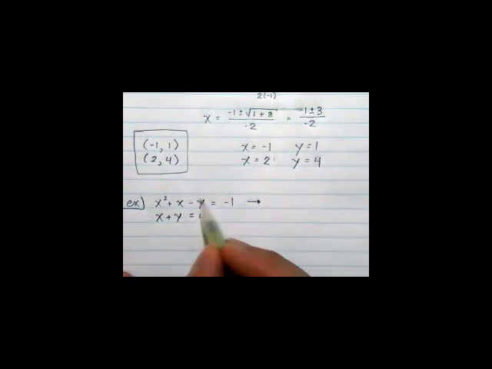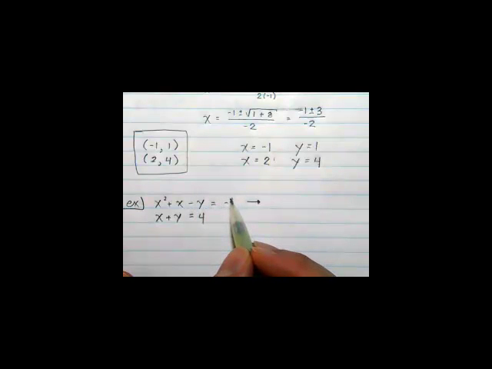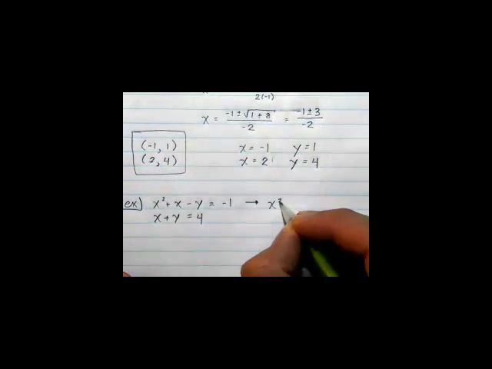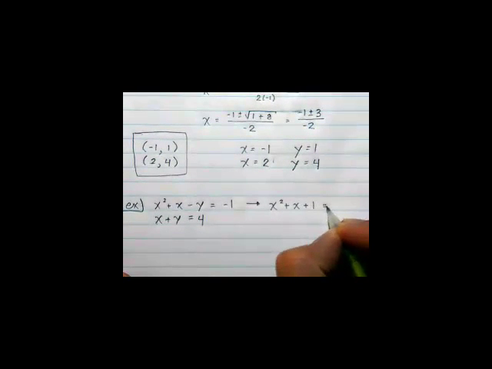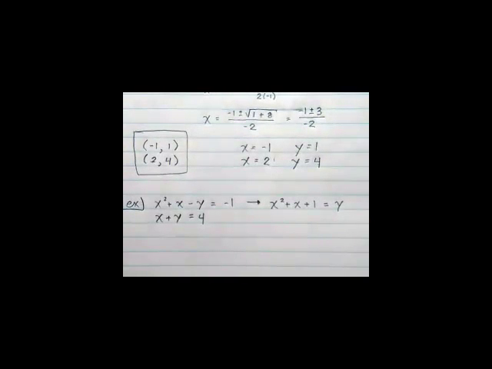This top equation, if I was going to solve it for y, we could add y to the right and add 1 back to the left. See if you can follow me here. It would be x squared plus x plus 1 equals y. You all see what I did there? Just add the y, add the 1. There we go. Got it solved for y.